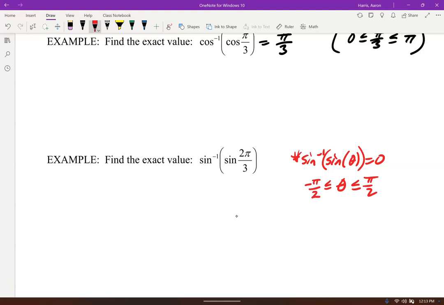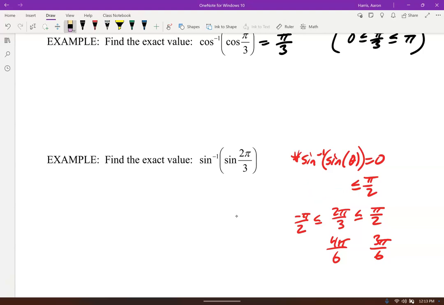So then I say, okay, is 2 pi thirds in between there? And hopefully you say, no, it's not. 2 pi thirds is, well, 120 degrees, right? Or maybe you want to write it this way. It's 4 pi over 6. That's 3 pi over 6. You see how it's bigger than the 3 pi over 6? So it's not in there, right?